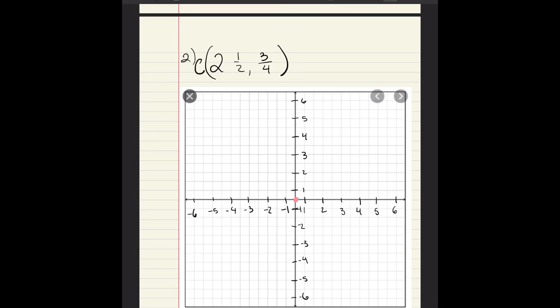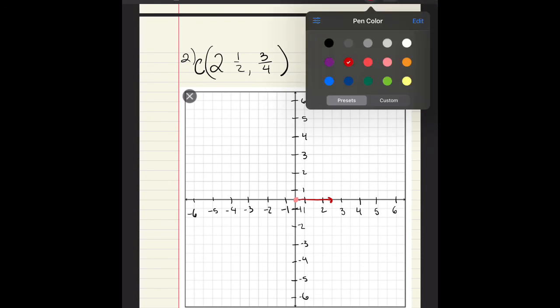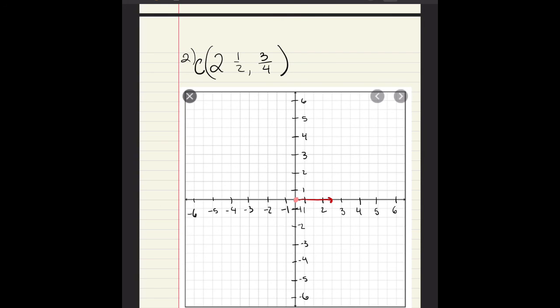And I'm going to go to positive 2.5. So I need to move my x coordinate. So here's 2, here's a half. And now according to my y, I need to go up to 3/4, which is bigger than a half. So let's go up to here.